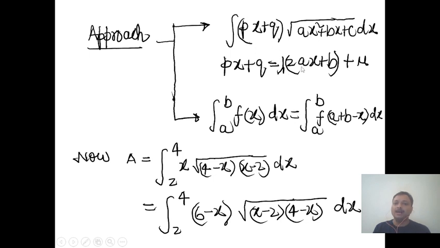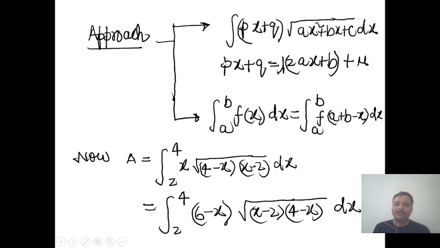So lambda times (2ax plus b) plus mu. You can find out lambda and mu, and then you can integrate. But this would be a very lengthy process.